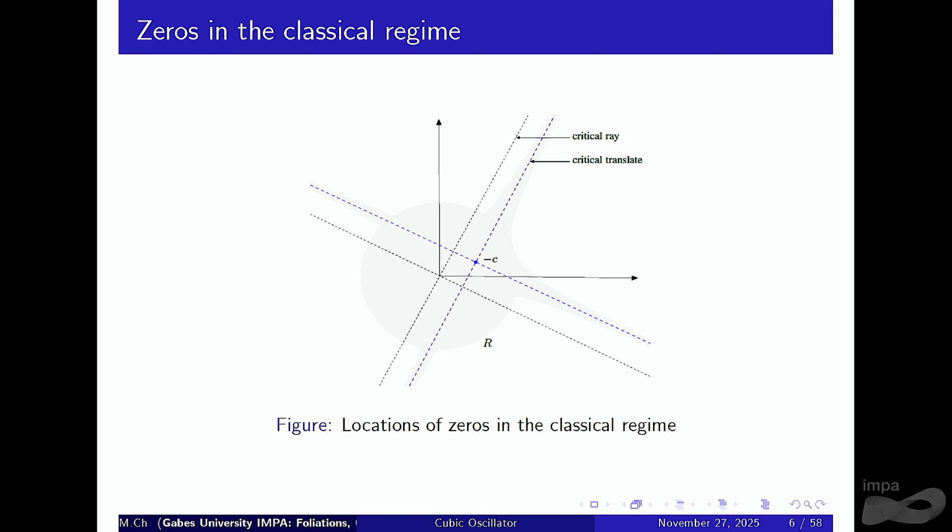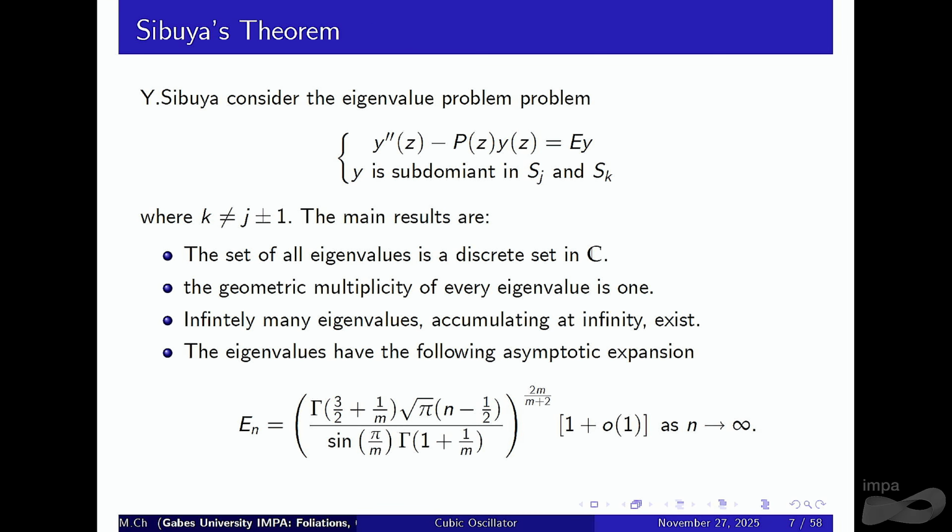Shibuya established this result: the set of eigenvalues is a discrete set, the geometric multiplicity of every eigenvalue is 1, and we have this asymptotic of eigenvalues at infinity. We will call this eigenvalue problem the classical eigenvalue problem studied by Shibuya and many authors.